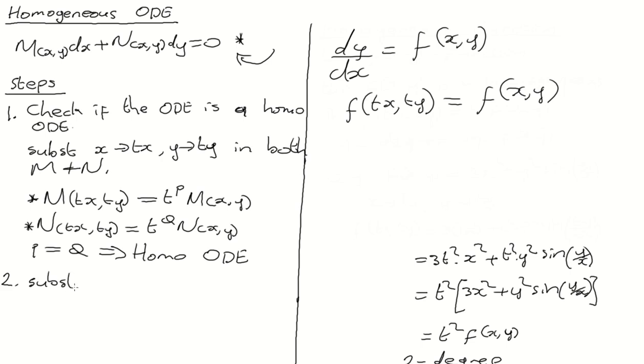You substitute y is equal to v of x. Then, of course, you now have new variables. You must therefore find dy with respect to x, which is equal to v plus x dv over dx.